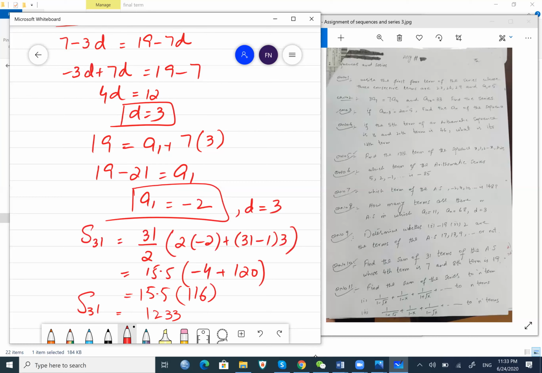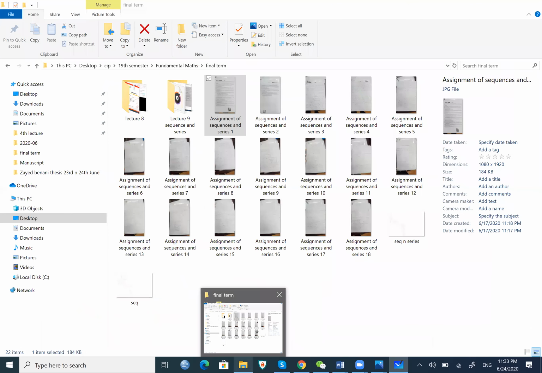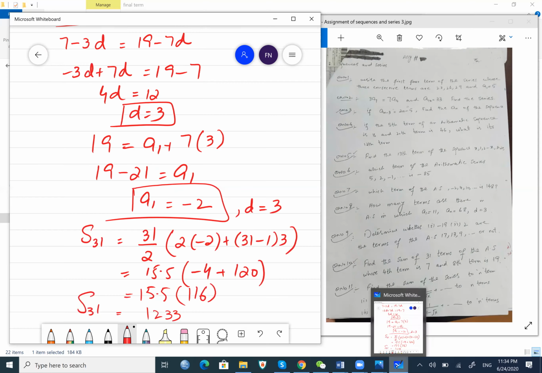Let's see. Question, can we do the simplex method? Question number 30. First, let me finish this. If you have any question from these two assignments, then we can go to that one.